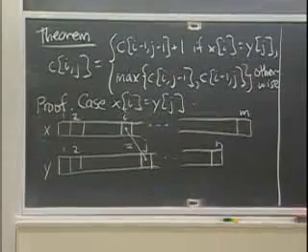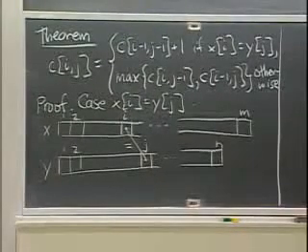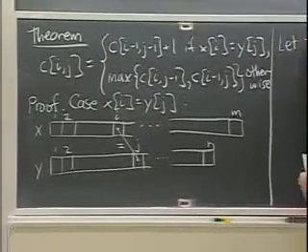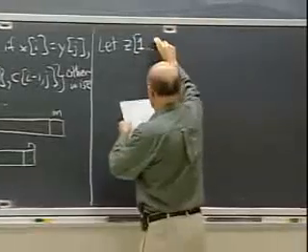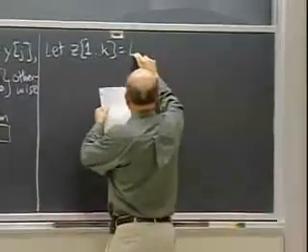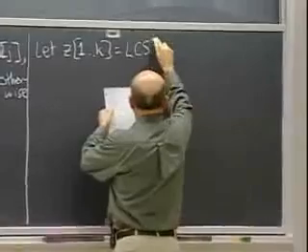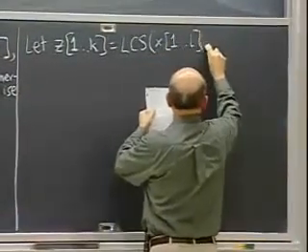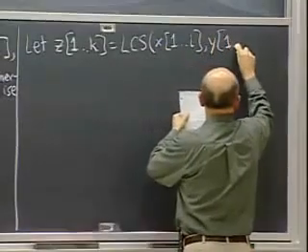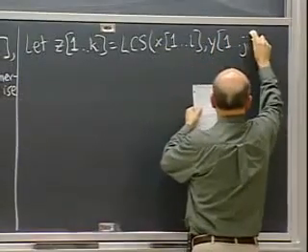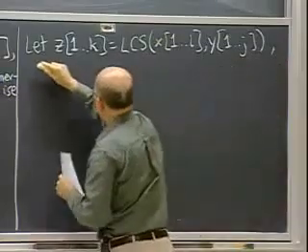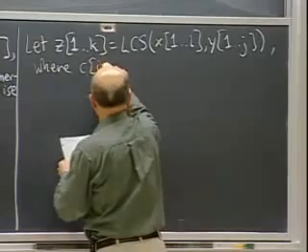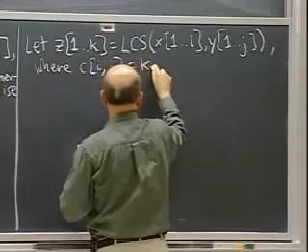So let's see what that means. Let's let z of 1 to k be, in fact, the longest common subsequence of x of 1 to i and y of 1 to j, where C of ij is equal to k.